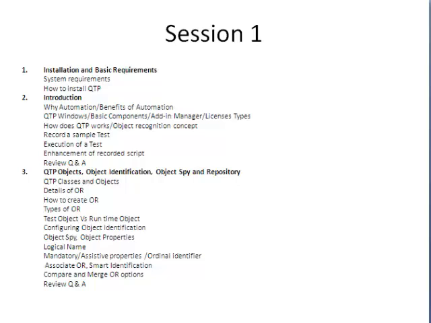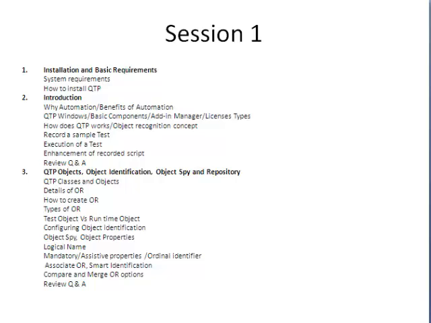In the installation and the basic requirements, we'll see what all the basic requirements are that your computer should have when you are going to install the QTP, what your processor should be, what is the hard disk space that is required.